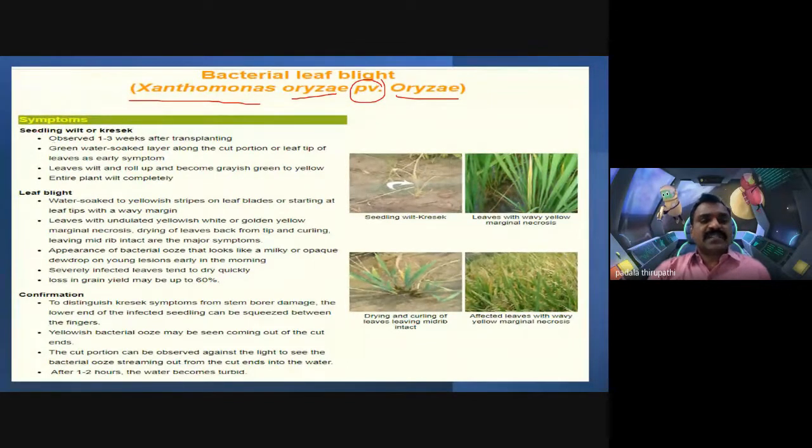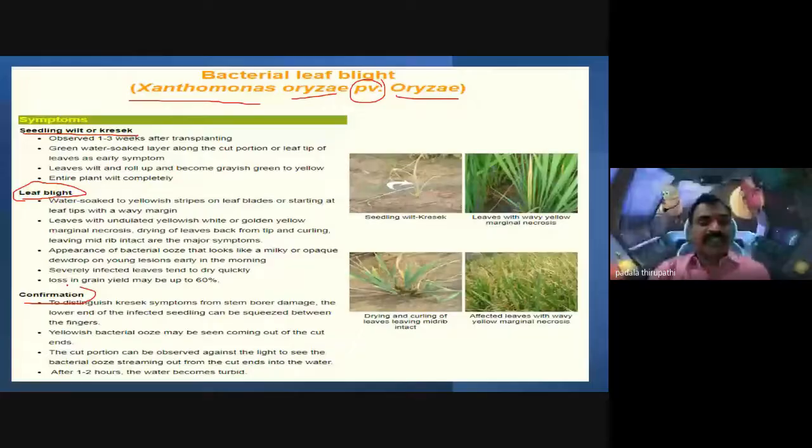So first, seedling wilt or kresek and leaf blight, and the confirmation of whether the disease belongs to seedling wilt or leaf blight. Okay, so we observe it 1 to 3 weeks after transplanting of our paddy.